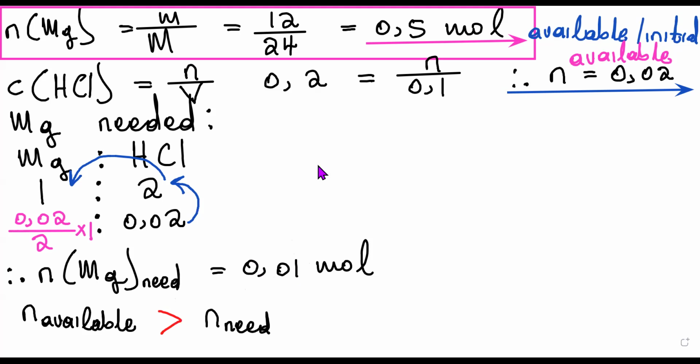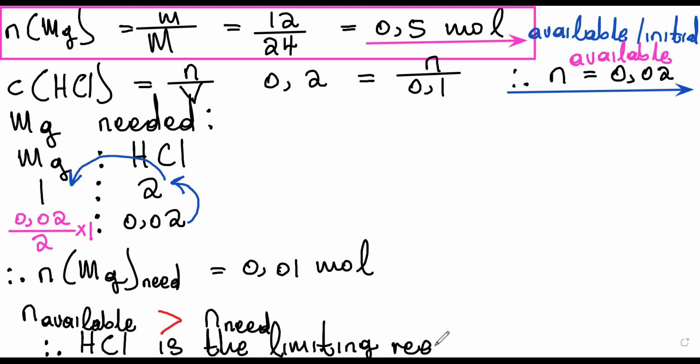So we'll still have something that is remaining. What is our conclusion? Our conclusion is magnesium is in excess. It is the excess reagent. But what is the meaning of magnesium being the excess reagent? It means that hydrochloric acid is the limiting reagent.